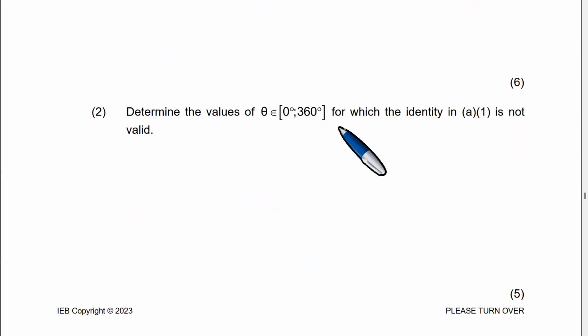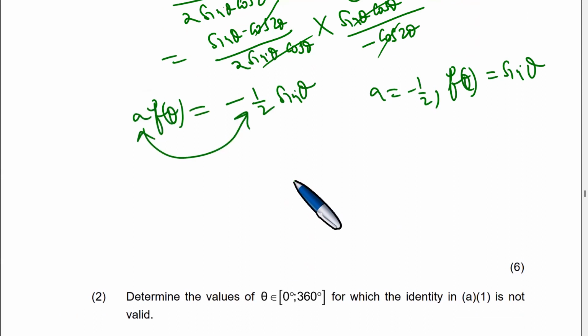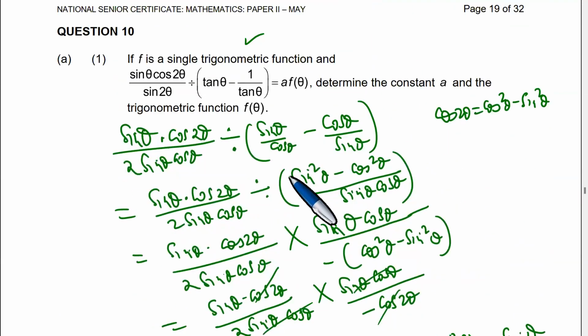Determine the values of theta for which the identity is not defined. Identity not defined. Okay, the identity is not defined when the denominator itself becomes 0.